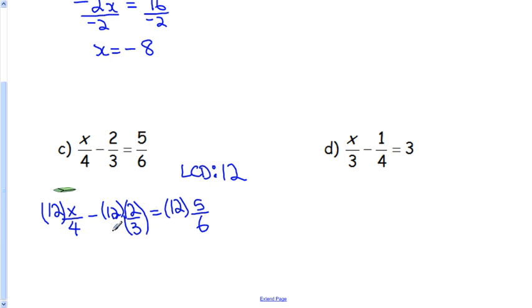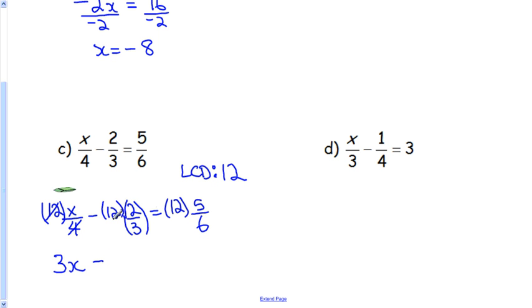Like we said on the previous slide, this will help us to eliminate the fractions rather than dealing with the fractions. So as you can see here, the 4 goes into the 12 3 times. So we can actually think of this as 12 divided by 4, which gives me 3. So that's how I get rid of the fractions. 12 divided by 4 gives me 3, and then I just have an x left over.